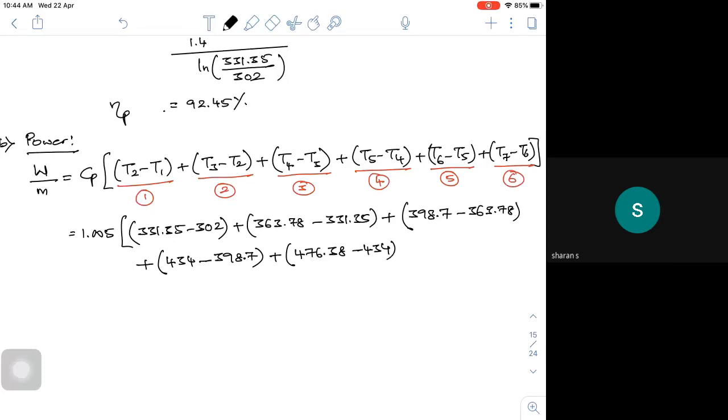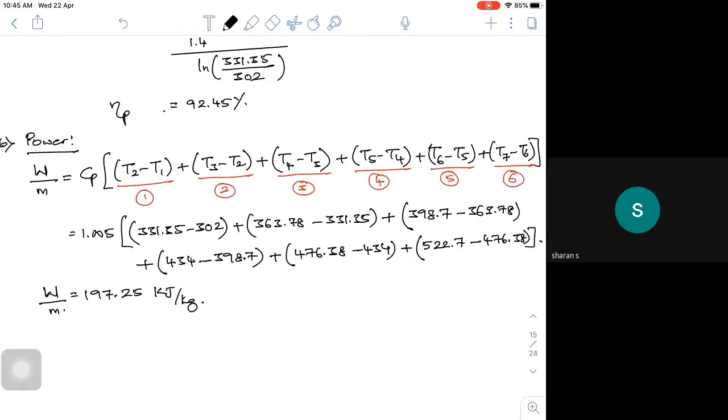Then T7 is 522.7 minus 476.38. If we do this calculation, you may end up with 197.25 kilojoules per kg. You can verify this. When I used my calculator, I got 197.25.